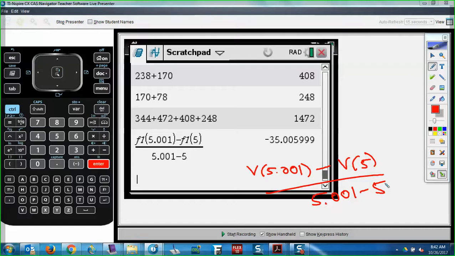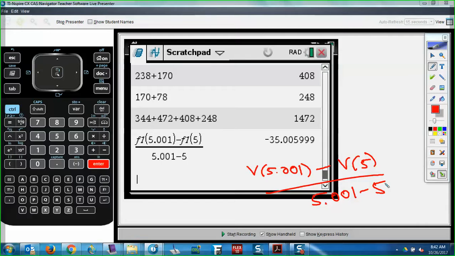But make sure when you're typing it into your calculator, you use more than 3 decimal places. If you want your final answer to be accurate to 3 decimal places, you better use more than that in the calculation, because you get into rounding error. That's why I like this, because it's going to bring all the decimal places with it when it does the calculation.